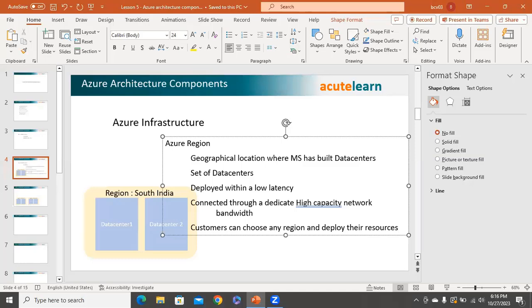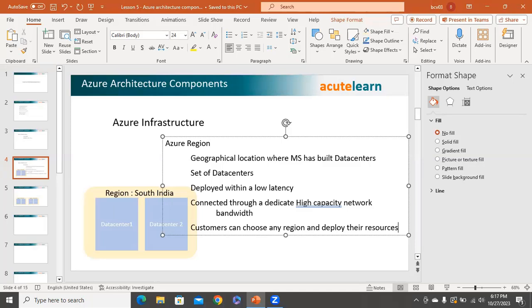Now, the cost of the resources may vary from region to region. The cost of a virtual machine in South India and in Central India might differ slightly, based on the infrastructure being built and a lot of other factors which they consider in setting the price for a specific resource.